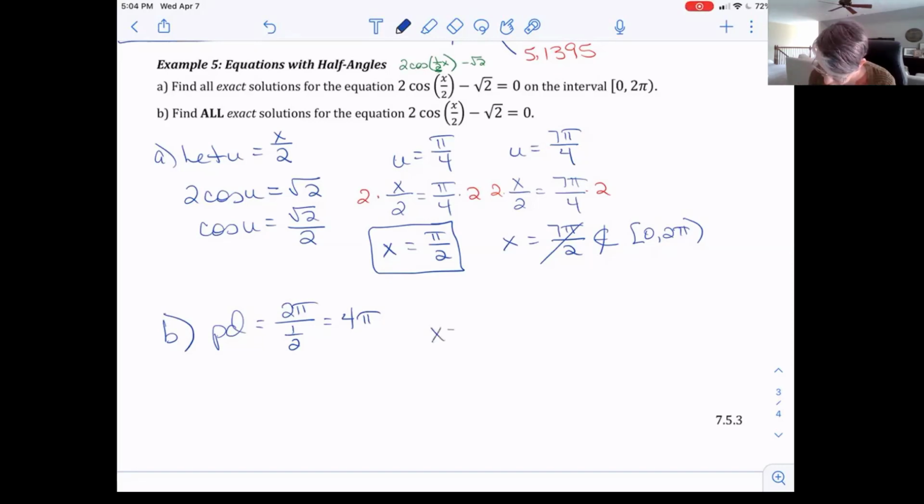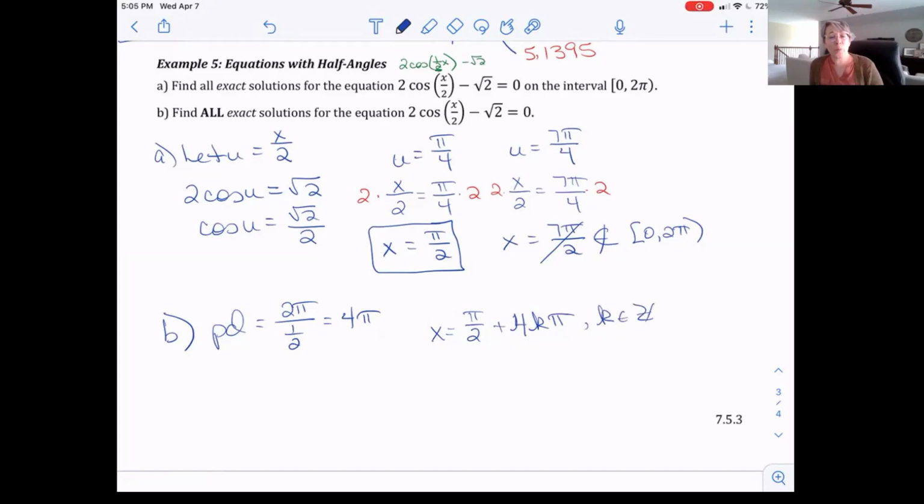Our first x value, which is pi over 2, we're going to add plus 4k pi, where k is an integer. But also, remember when we talked about the 7 pi over 2 not being on the interval from 0 to 2 pi? Even though the 7 pi over 2 was not in the original interval, it is in the domain for part B, all real numbers.